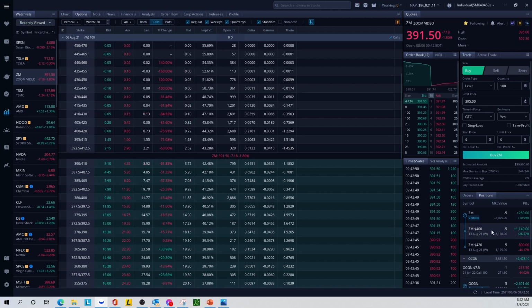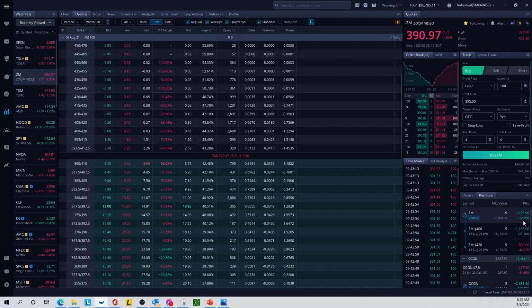Now you notice I'm actually in another Zoom trade called credit spread that expires next Friday, and you can see that currently sitting at $300 in profit. So again, if I wanted to, I could exit this trade now.